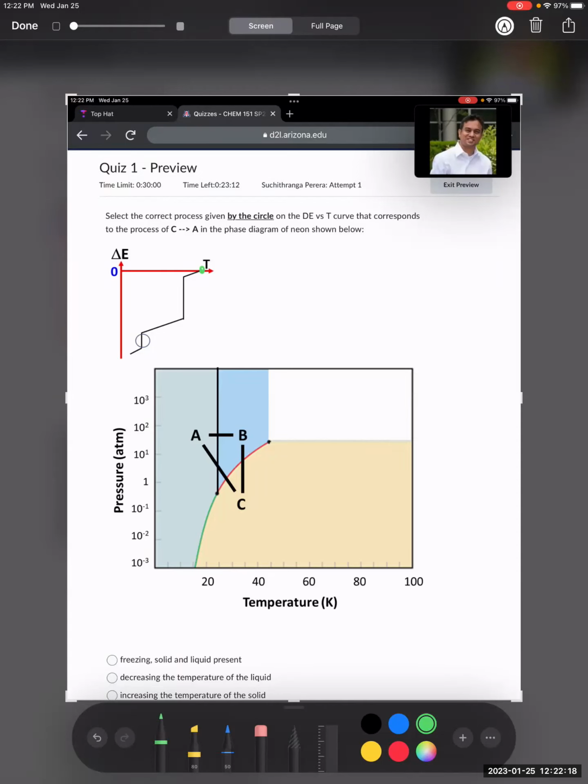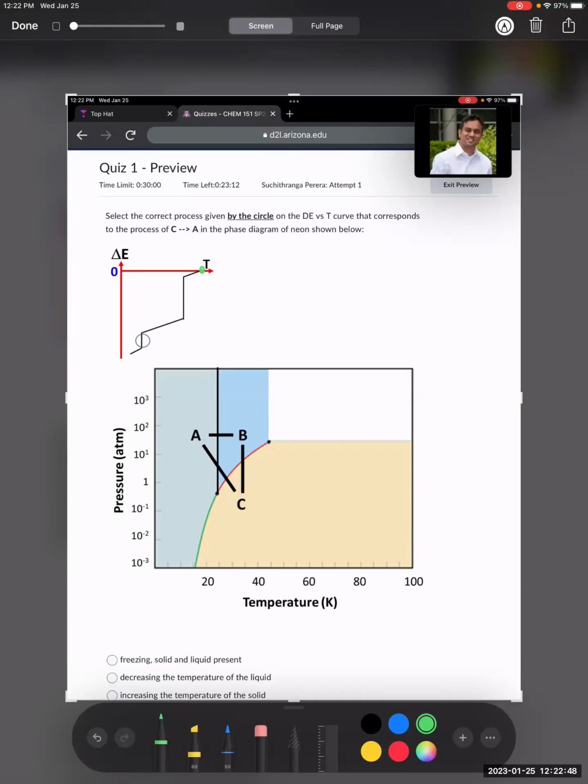Although C to A is our overall process, it seems like we are first going from C to B and then B to A. Anyway, let's see. No, maybe not. Maybe we are going from C to A directly, because we are decreasing the temperature. So when we decrease the temperature, delta E decreases.